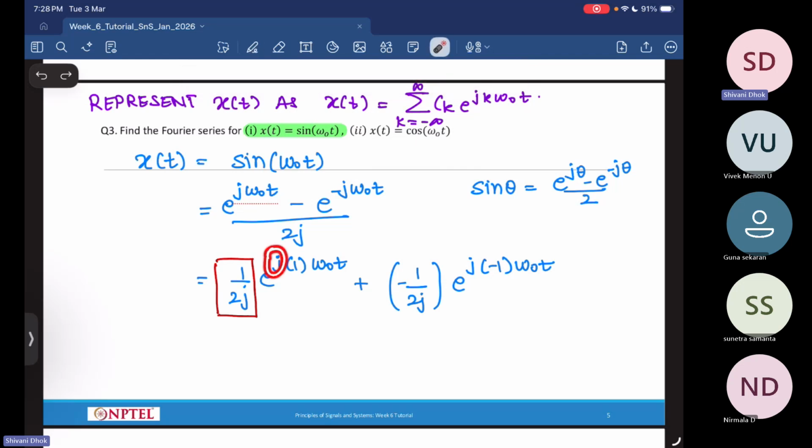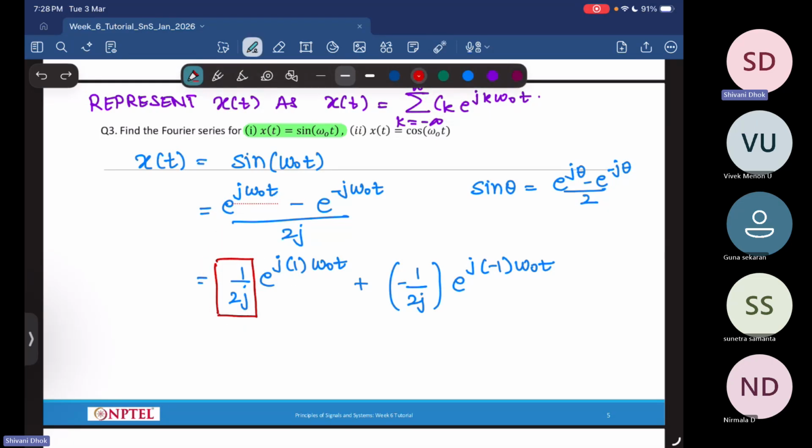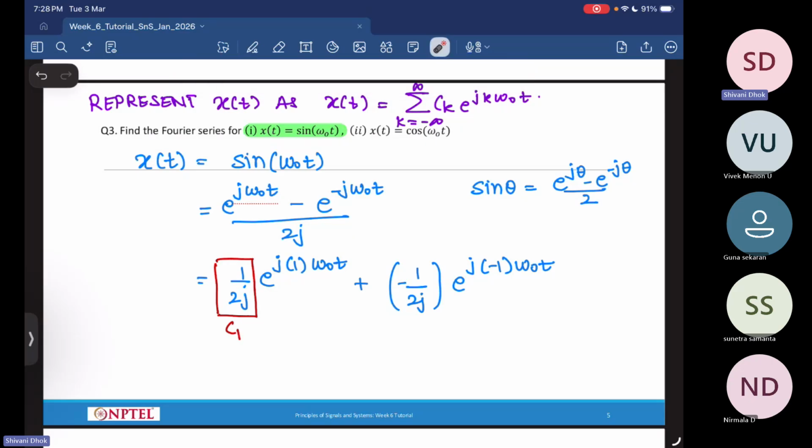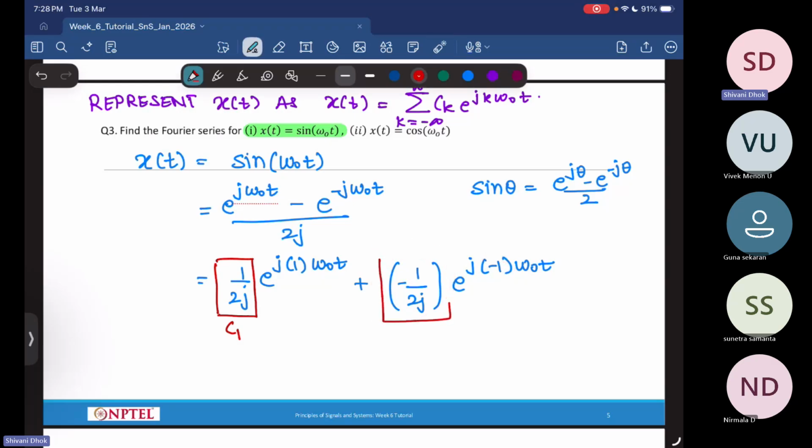Here you have e power j k omega naught t, and k is 1, so the coefficient here will be c of 1. Similarly, for this component, e power j minus 1 omega naught t, this will be c of minus 1.